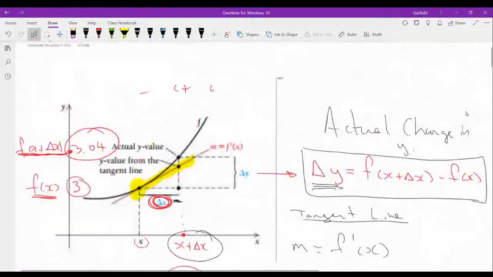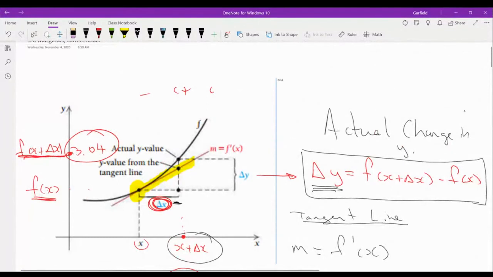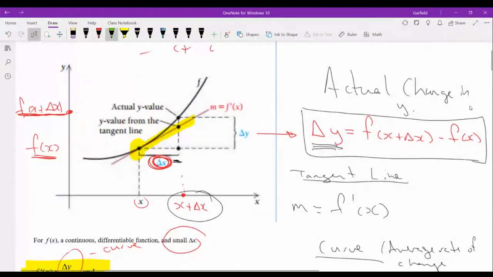And actually up here, I probably wrote this in the wrong place. So here, the x value was 3, and this x value is 3 plus 0.04, so it becomes 3.04.